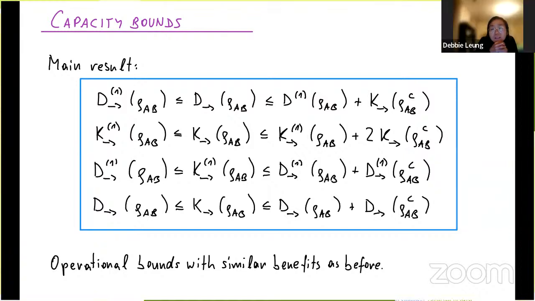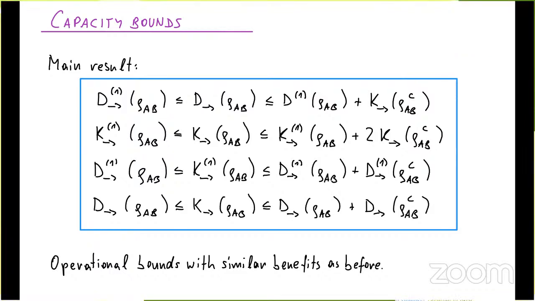I don't think so. The main tool is this teleportation simulation trick where everything simplifies. But I don't know. Yeah, it's true. I mean, the complement. Yeah. Right.